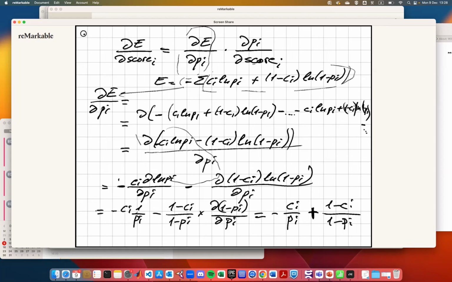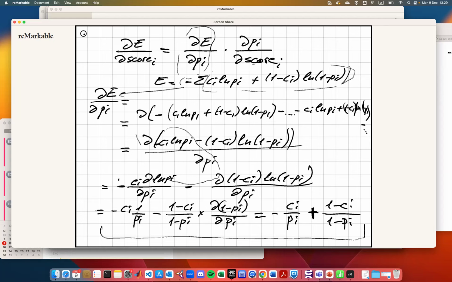Please check the intermediate steps over here, the minus sign. Is it minus minus? No, it should be minus minus. Yes, plus. So that was the first part, d by dpi.